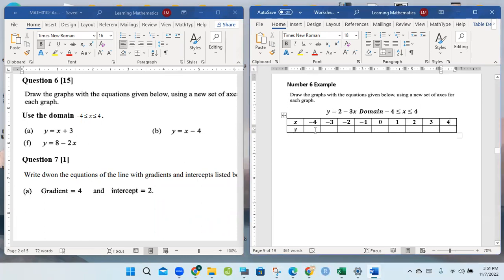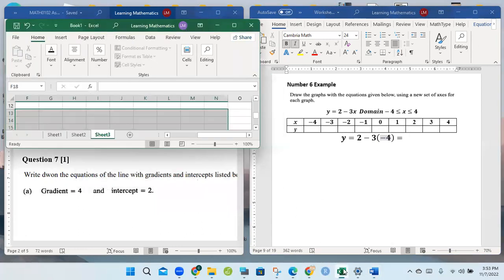Now, to get the y coordinates, that will be the range, we substitute each x value into the equation. I'm just going to demonstrate how to do that here. We're going to substitute, starting with -4, and we are going to evaluate. We can use Excel to help us.